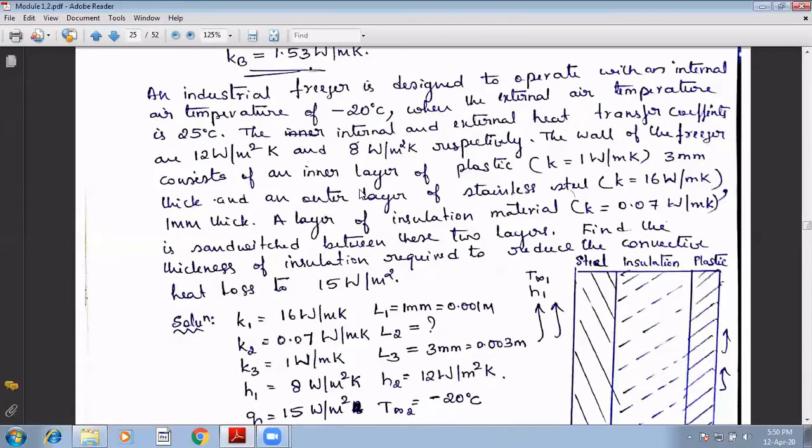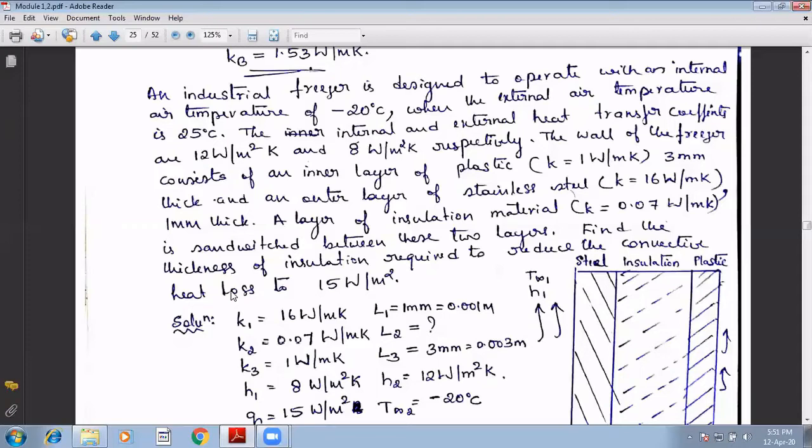consists of inner layer of plastic with K equals 1 watt per meter Kelvin, 3 mm thick, and outer layer stainless steel, K equals 16 watt per meter Kelvin, and thickness is 1 mm.